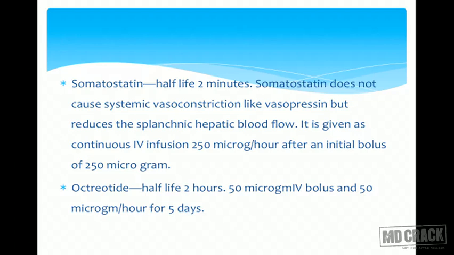It is given as a 50 microgram IV bolus and 50 micrograms per hour for 5 days. Octreotide is used nowadays because it is cheaper, has fewer side effects and is easily available. Vasopressin may be more potent for treatment, but octreotide is more commonly used.